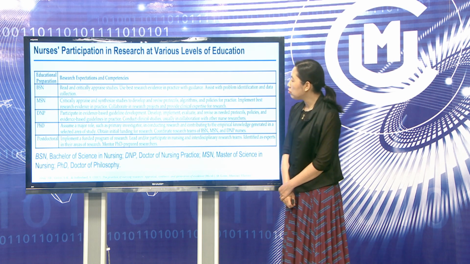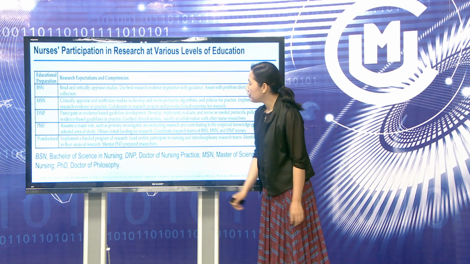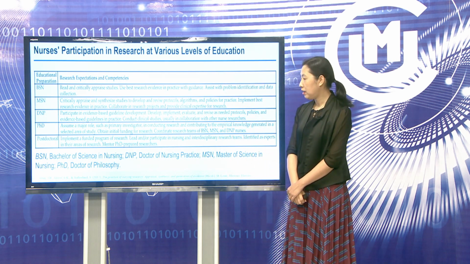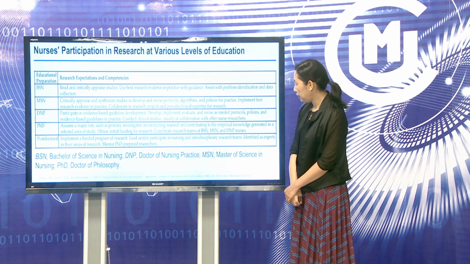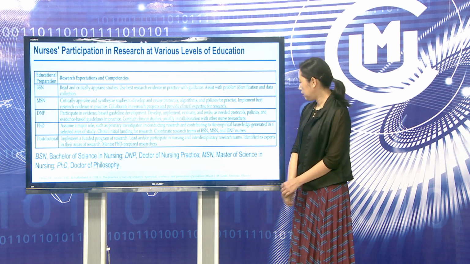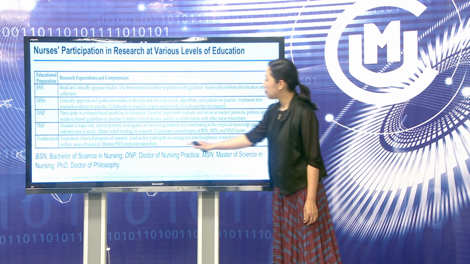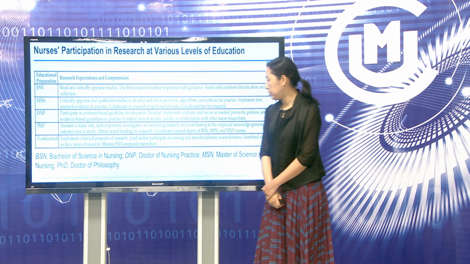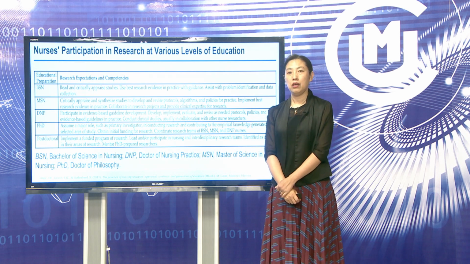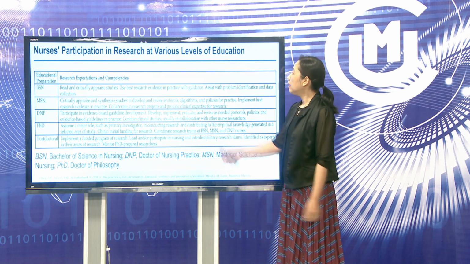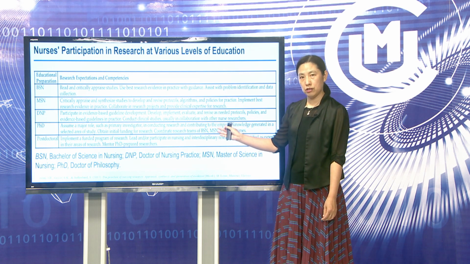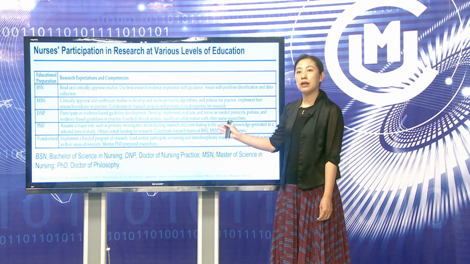And postdoctoral nurses need to implement a funded program of research, lead and participate in nursing and interdisciplinary research teams, identify as experts in their areas of research, and also mentor PhD-prepared researchers. So you will see every nurse has their own role in research, whatever their level of education.